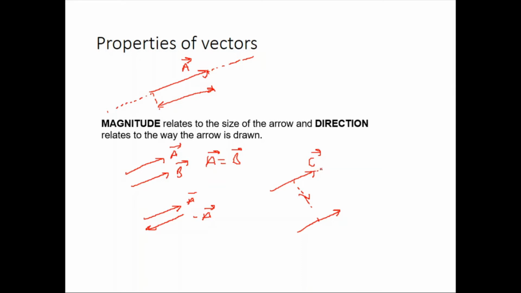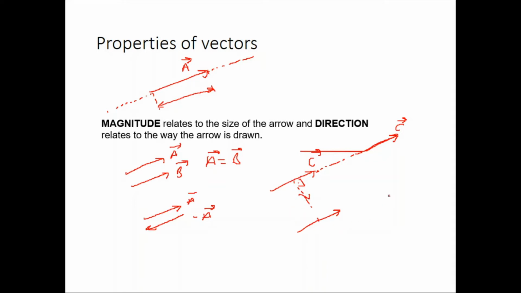Or you can move the vector in this direction, for example somewhere here. So this is again going to be the vector C. You didn't change the direction and you didn't change the magnitude, so you can move a vector in this direction, and also you can move it like this, perpendicular, so it does not change.